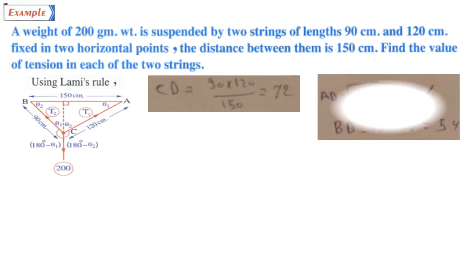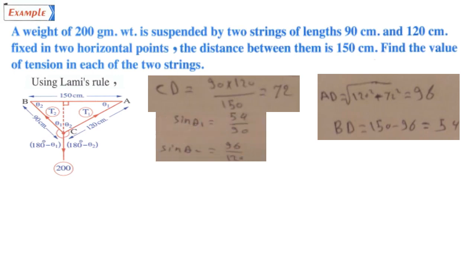Also, we can find AD equals 96 and BD equals 54. From this we can find sine theta 1 equals 54 over 90 and sine theta 2 equals 96 over 120.